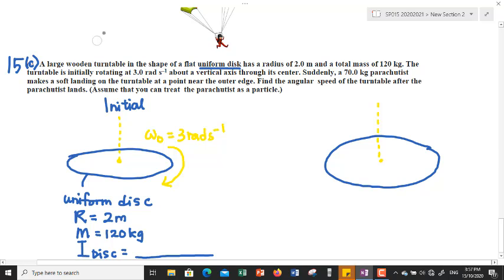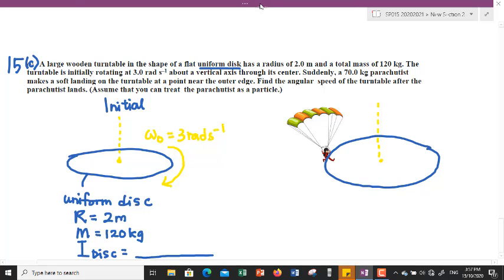So what happened in the question? Suddenly a 70 kg parachutist makes a soft landing on the turntable near the outer edge. The parachutist lands at the outer edge.